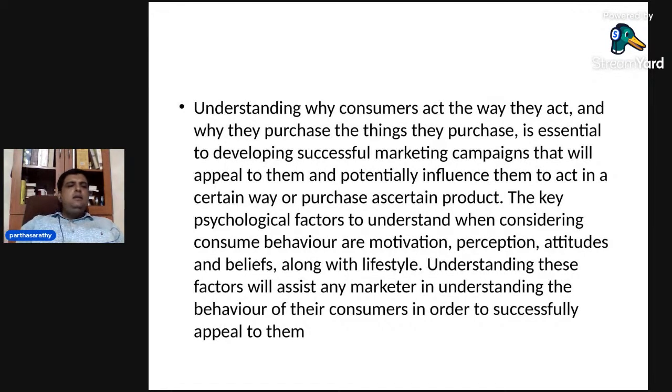So, lifestyle is nothing but how I use my time and money, whether I use it for what kind of purpose: for recreational purpose, for productive purpose, for any other purpose. So I need to define them.